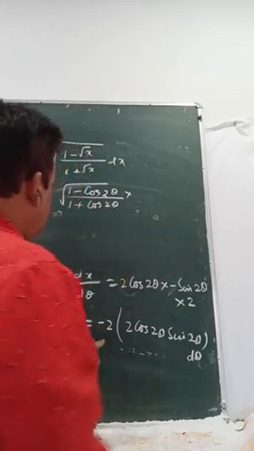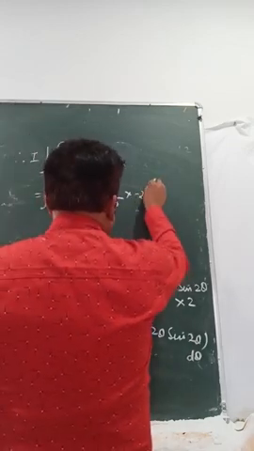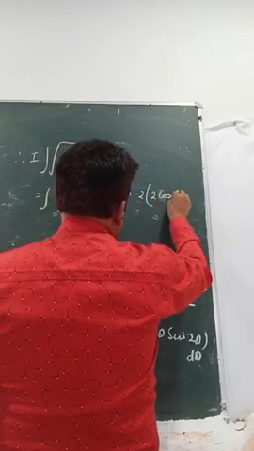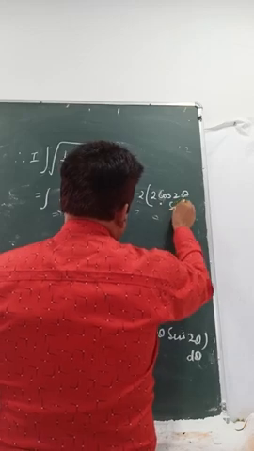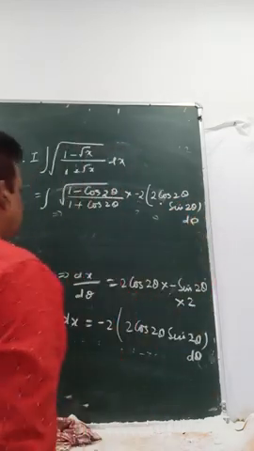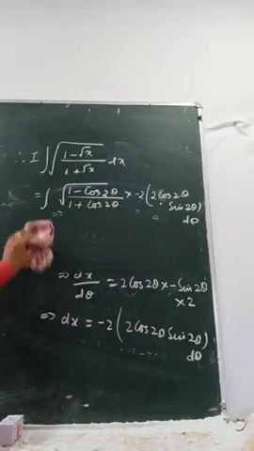Dx is this, minus 2 cos 2 theta sin 2 theta d theta.